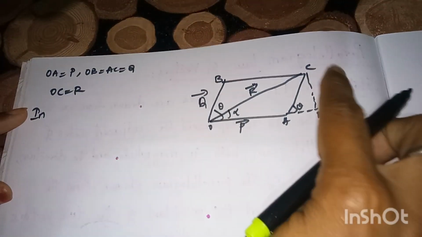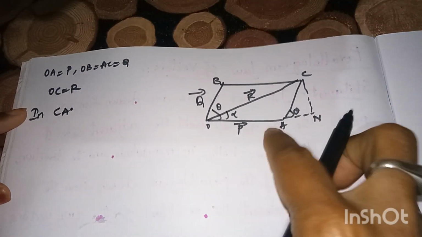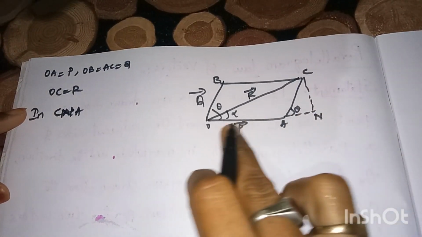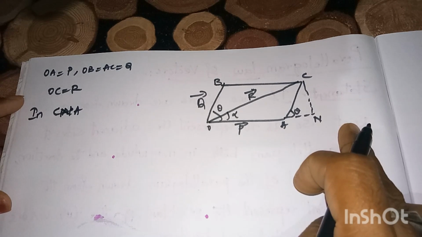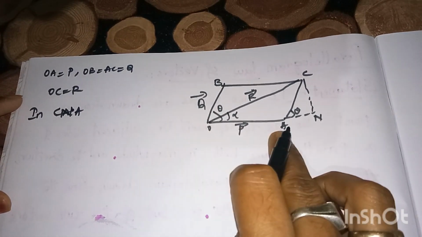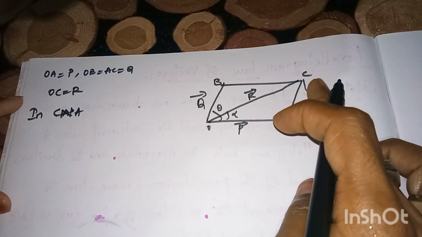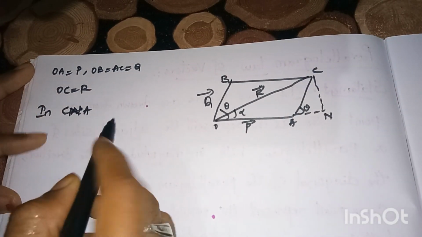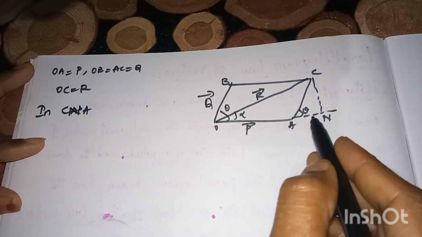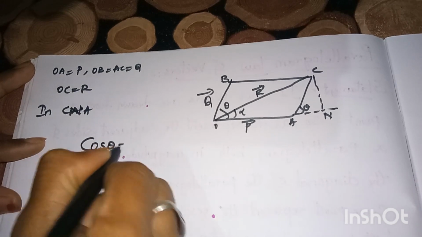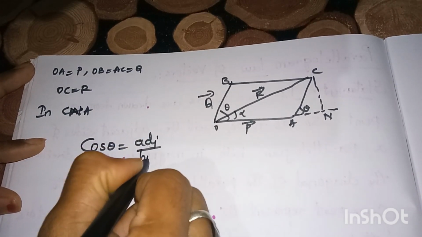So from right angle triangle CNA. Why am I extending line OA to N? Because to find the magnitude of resultant, we are extending the line OA and drawing a perpendicular from C to N. So from CNA we can write cos theta and sin theta. What is cos theta? Adjacent by hypotenuse.